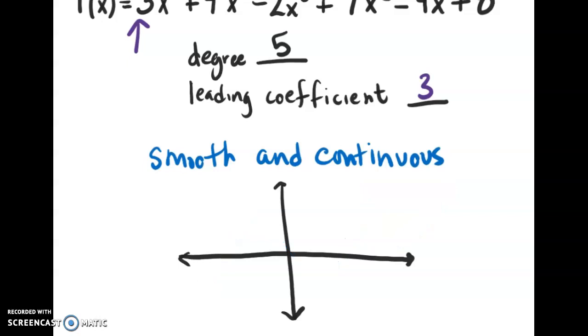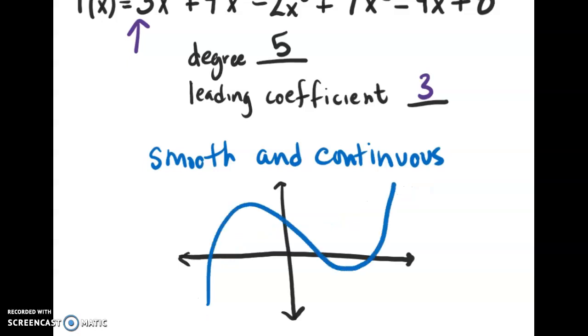A sharp edge looks something like this. What does a break look like? It looks something like this, where you have a hole here and then it continues. There's a hole there, or maybe it ends here and then starts again here. So a polynomial function does not look like any of those.